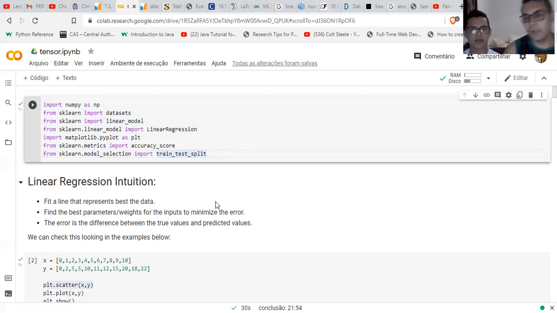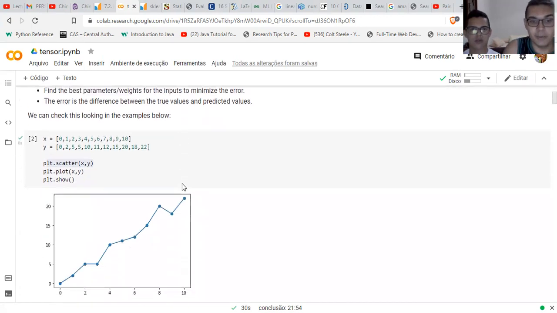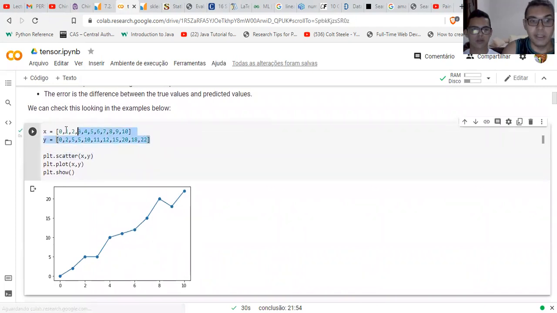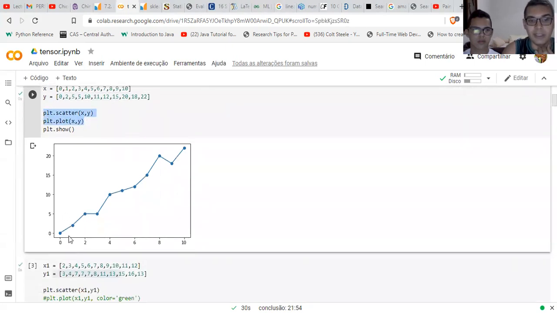First, regression. Regression is a problem that happens when you can see a clear correlation between two variables, between an input and an output. I have a couple of examples here, with this X array and this Y array. If you plot them using the matplotlib library, you can see that there is a correlation between the X axis and the Y axis.